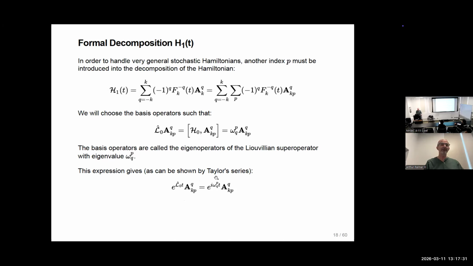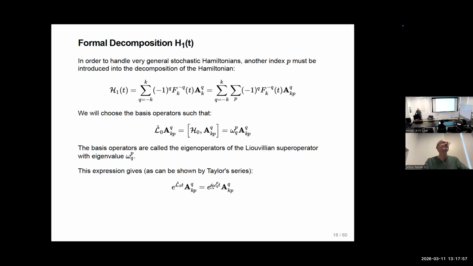It just introduces a complex exponential phase factor. Because if we expand the exponential in Taylor series, we just end up, term by term, with a Taylor series in omegas that we recognize as the exponential of i omega t.